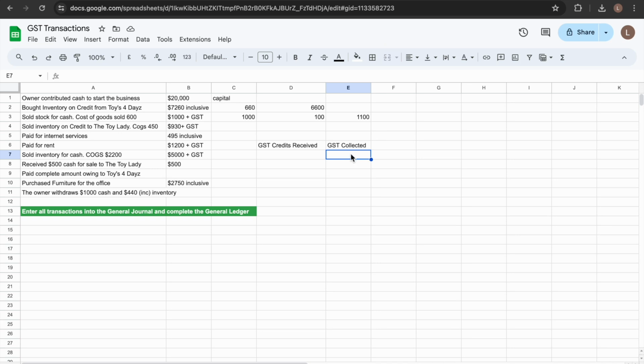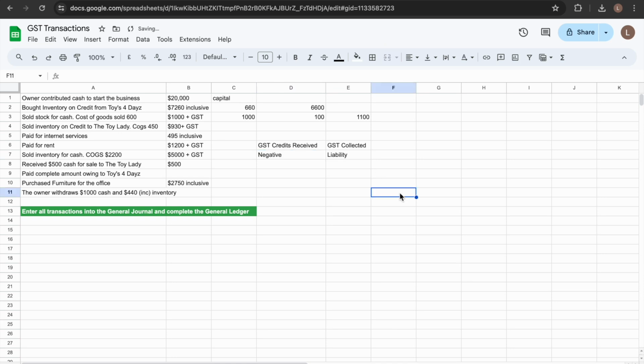One is a liability, GST collected, which makes sense because you owe that money to the tax office. That means GST credits received is actually a negative liability, not an asset, not an expense, a negative liability.